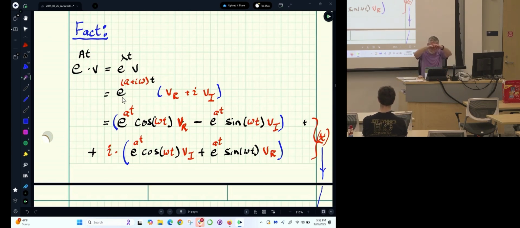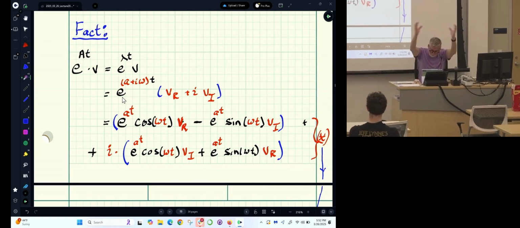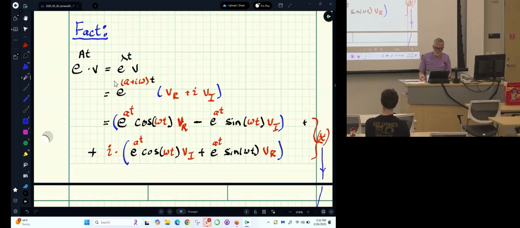Exponential, when there's a sum in the exponent, is the product of the exponentials. So this is e to the at times e to the i omega t. And that's where you get the e to the at cosine and e to the at sine.